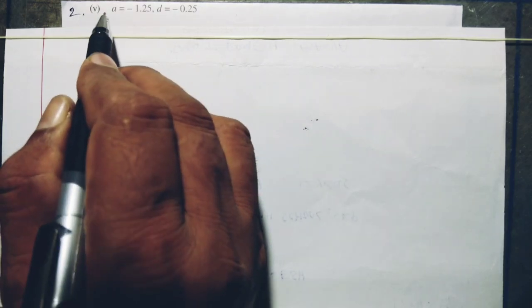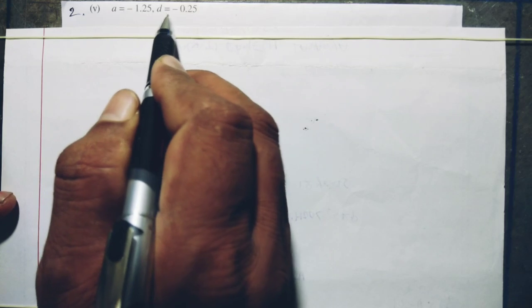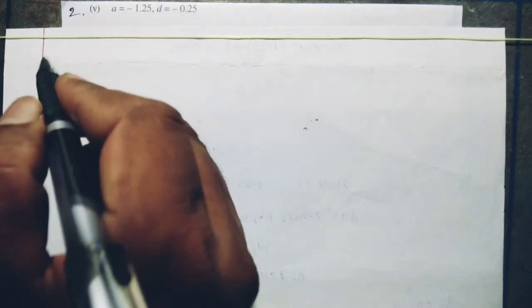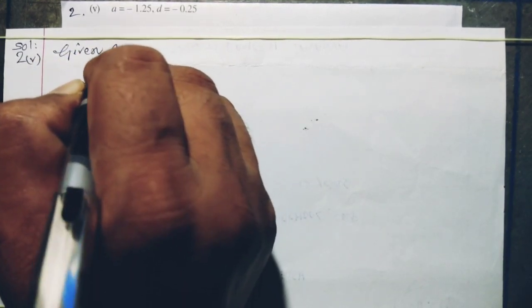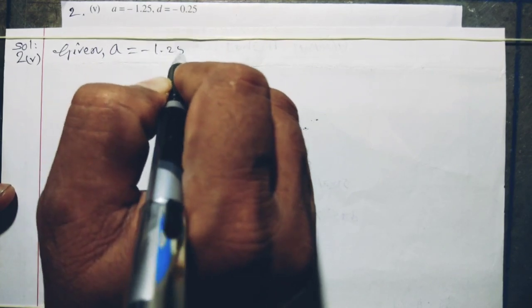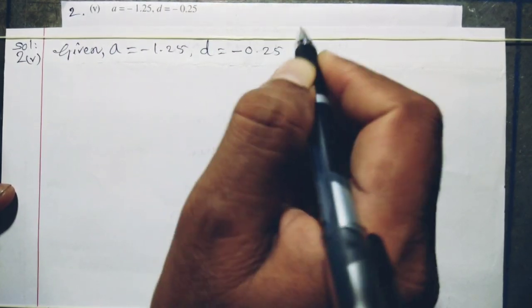Second bit, fifth problem. A is equal to minus 1.25, D is equal to minus 0.25. Solution for second bit, fifth problem. Given A is equal to minus 1.25, D is equal to minus 0.25.